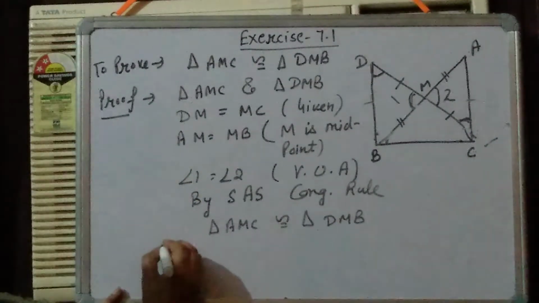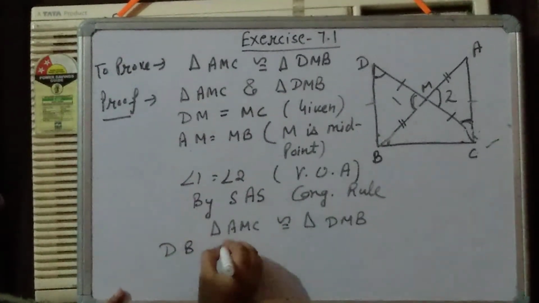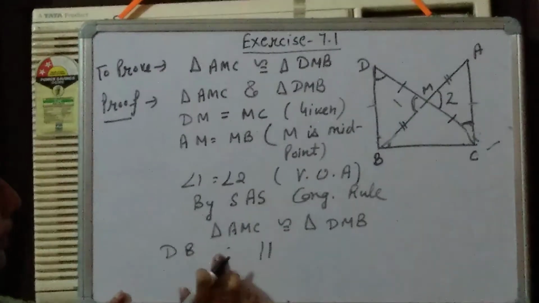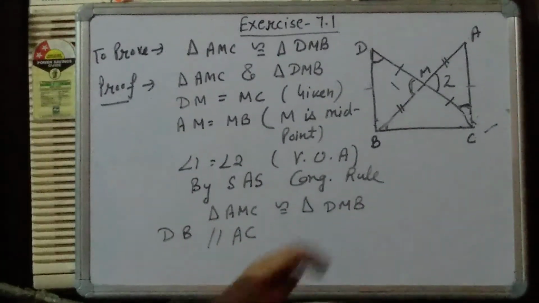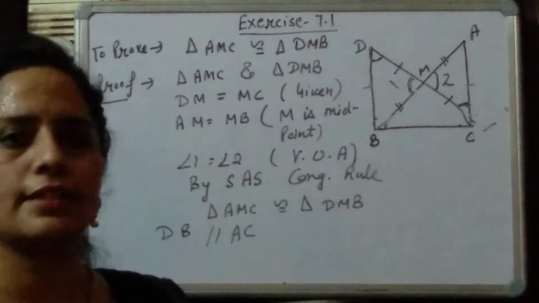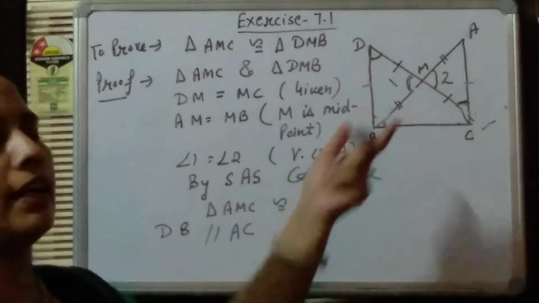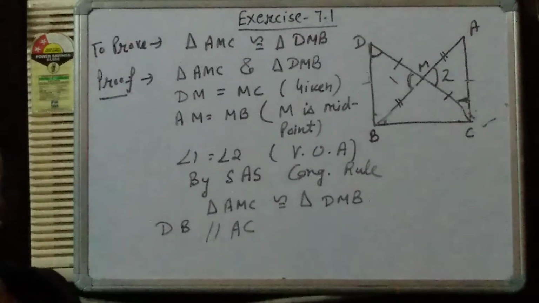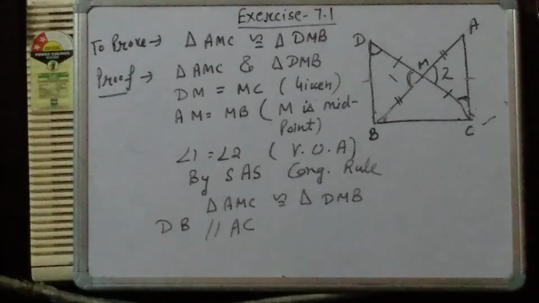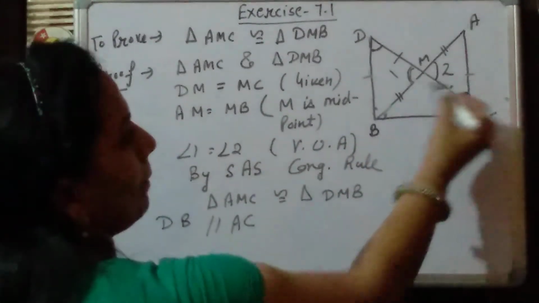We can say that DB is parallel to AC because angle D is equal to angle C, and we can say these angles are alternate interior angles, and alternate interior angles are formed between parallel lines. So we can say these two lines are parallel.